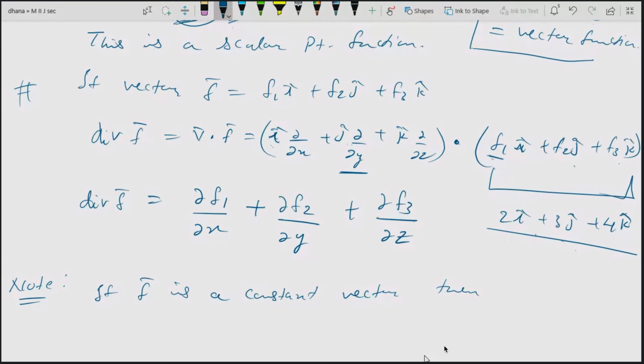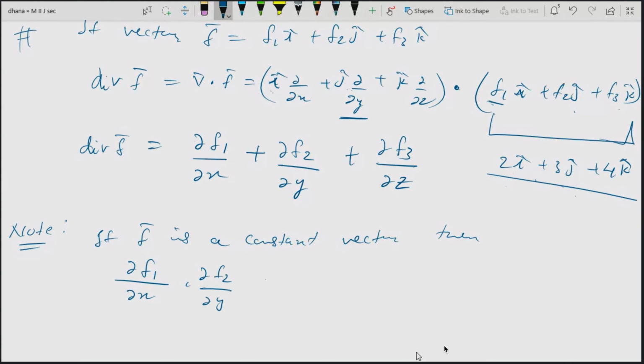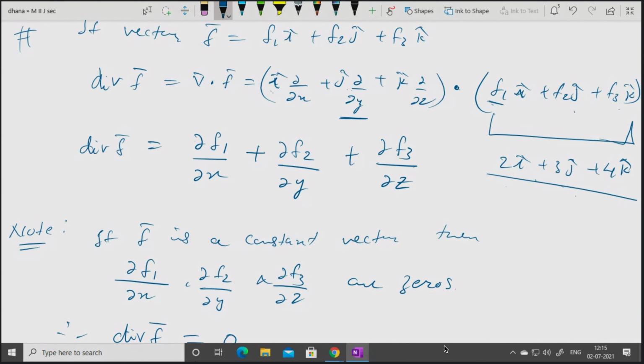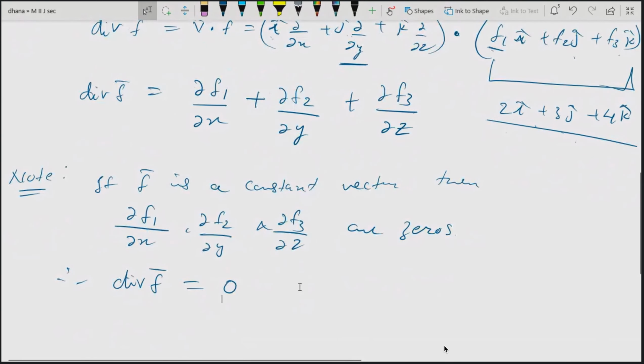Then obviously dou F1 by dou x, dou F2 by dou y, and dou F3 by dou z are all zeros. So if all are zeros, then divergence of F bar will be equal to 0. And here a scalar 0 you will get, because the result of divergence of F is a scalar function.